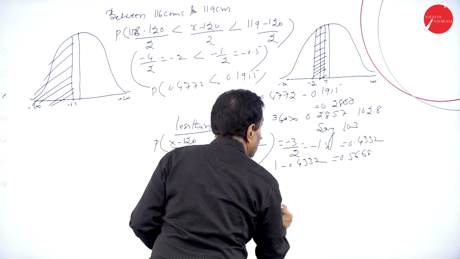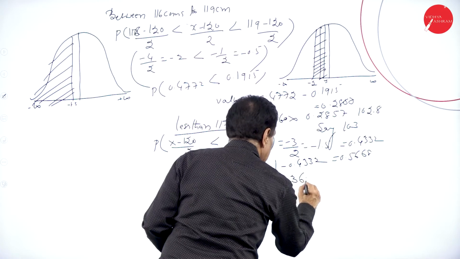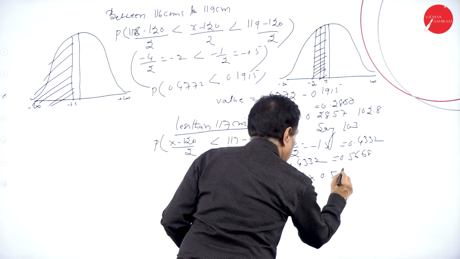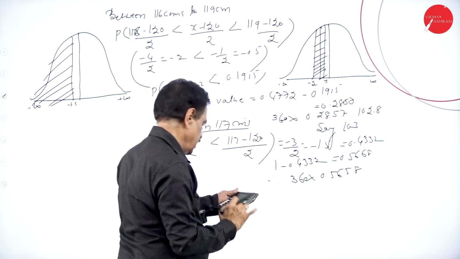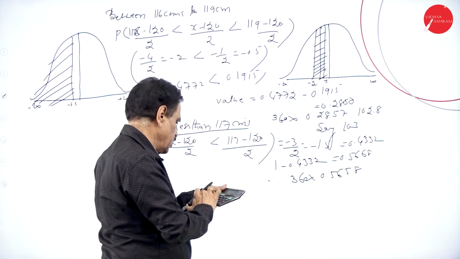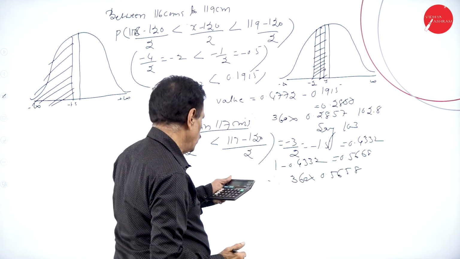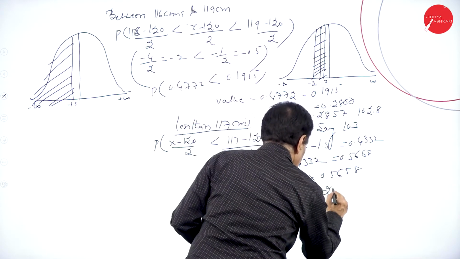Therefore, 360 into 0.5668 gives 204 students.